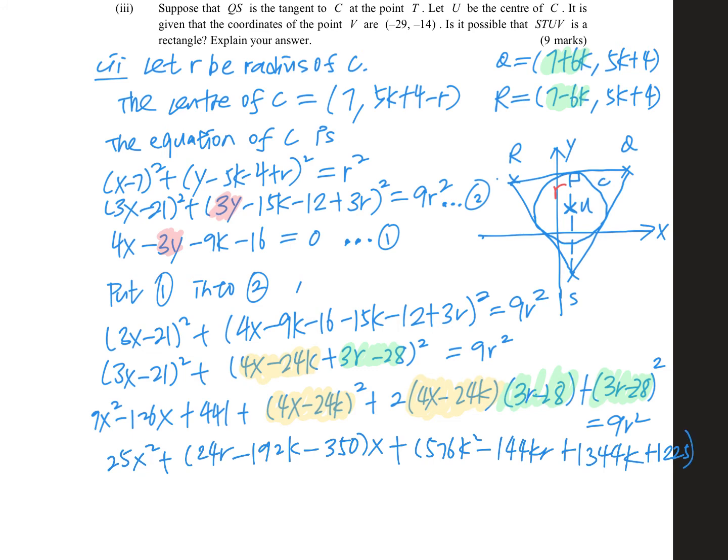That's the constant term, and then equals 0. Oh my god, man.